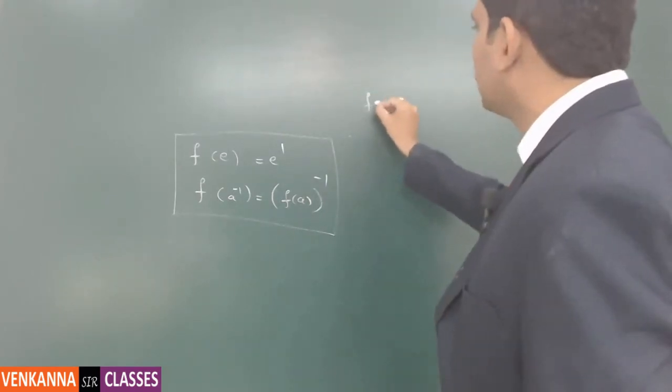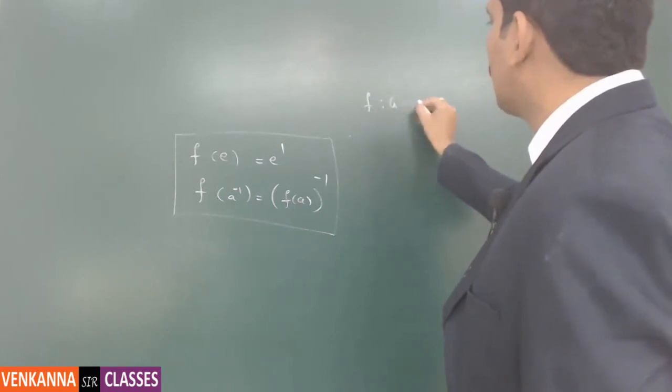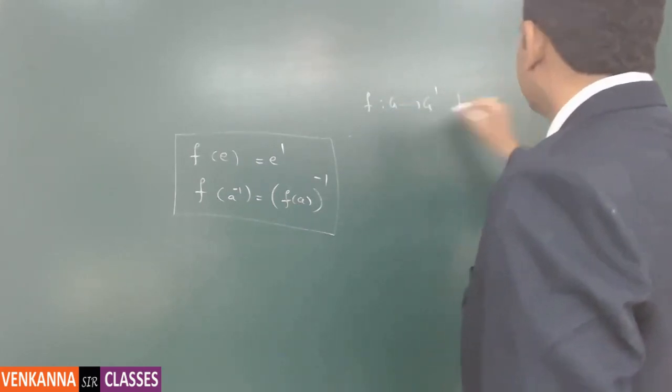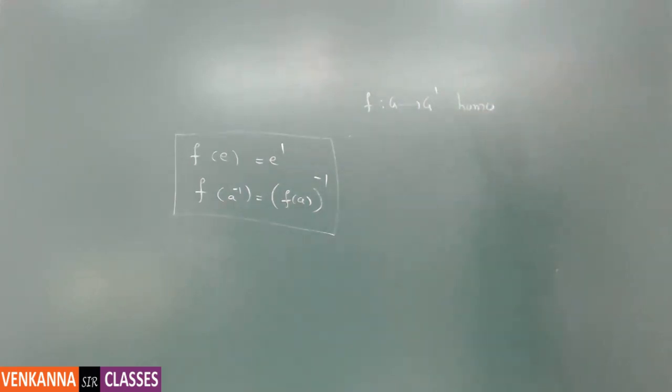So if f is a homomorphism from G to G dash, if f has the additional property that it is a 1-1 function, then we call it a monomorphism.